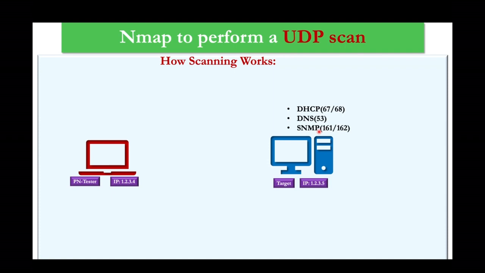They are registered ports, like 67 or 68 for DHCP, 53 for DNS, and either 161 or 162 for SNMP. So these are three of the most common UDP services which are widely deployed for these applications.